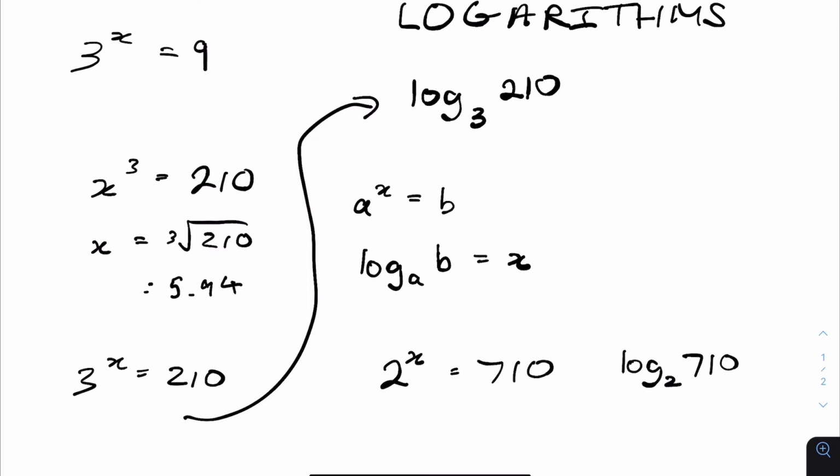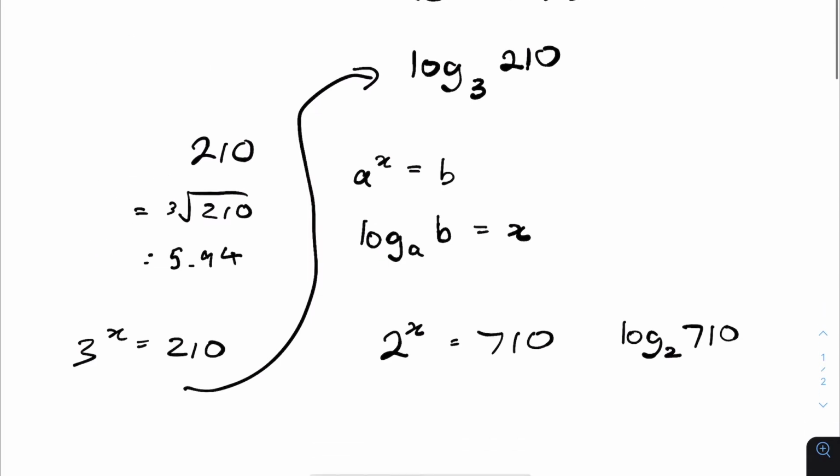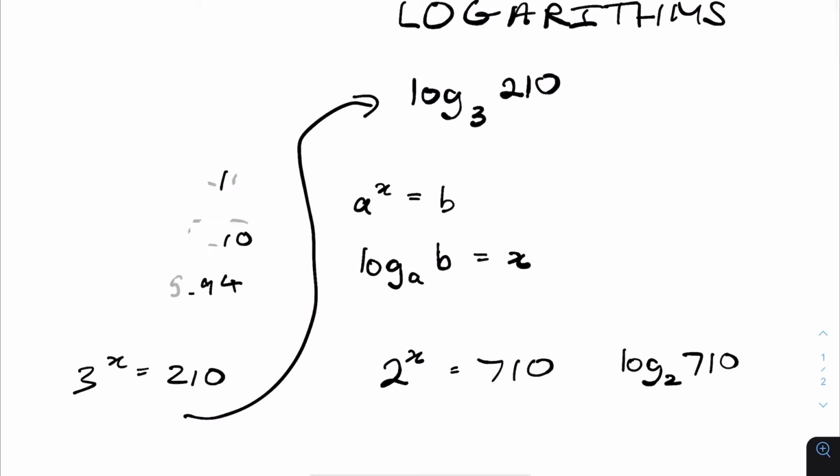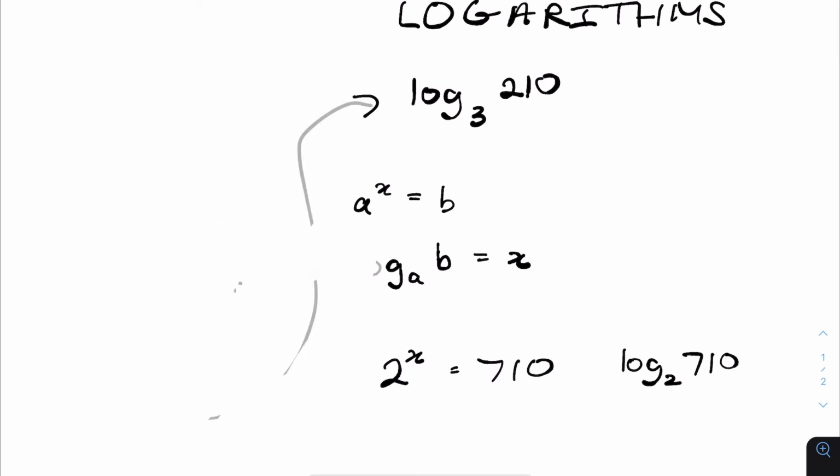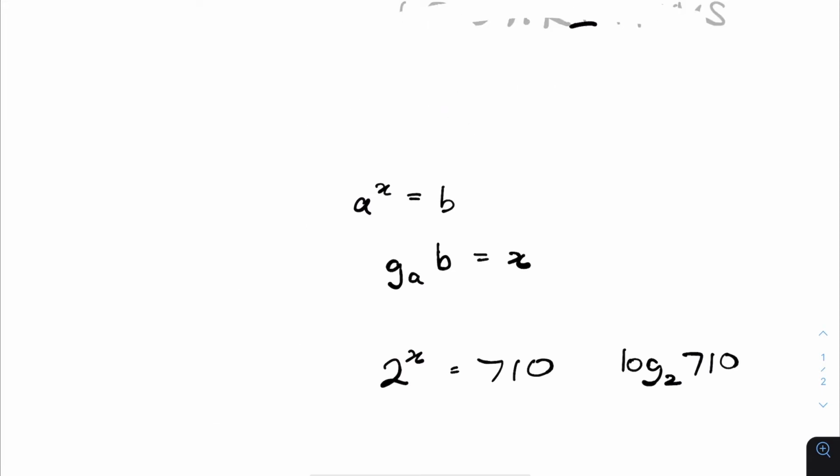But the problem with this is that the calculator cannot do it to bases other than 10. So the normal logarithm is just to the base 10. It doesn't actually say log base 10 and then the number. It just says log. So we have to find a way to convert it in such a way so that the calculator can also understand it.